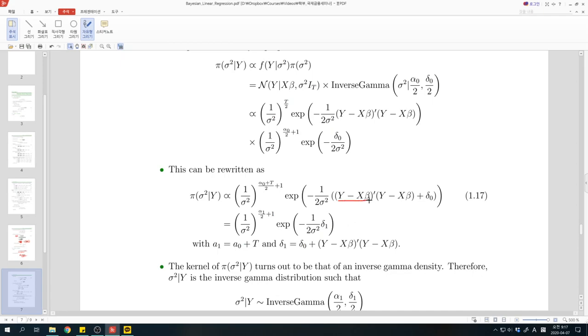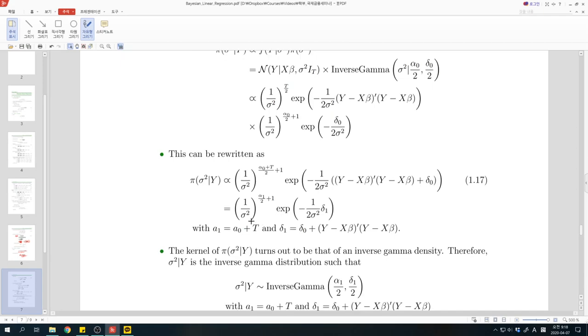Do we know beta? Yes, we know beta in this case, because we assume that beta is known, beta is fixed. So y minus x beta is just a residual. Residual transpose times residual is the RSS, residual sum of squares, the sum of the squared residuals, plus delta 0.